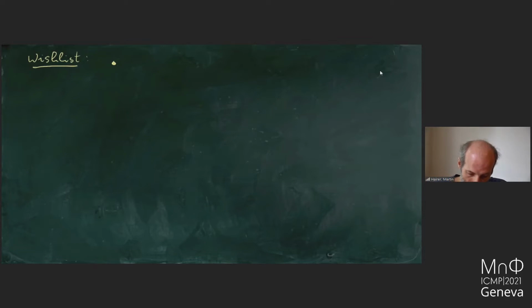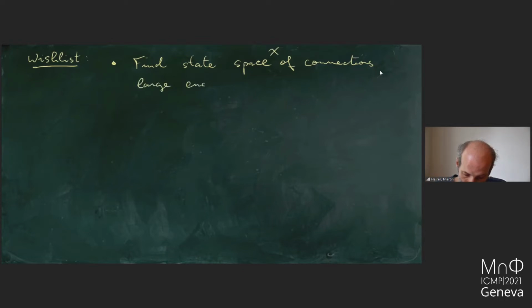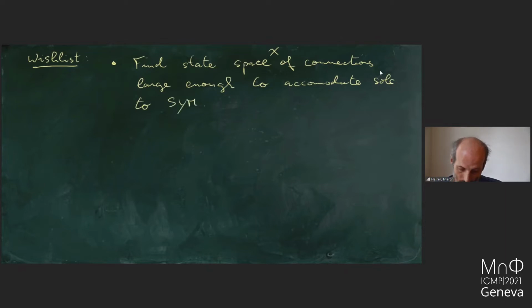So you need to find a state space of connections, let me call it curly X, which is large enough to accommodate the solutions to that equation. Let me call it stochastic Yang-Mills.